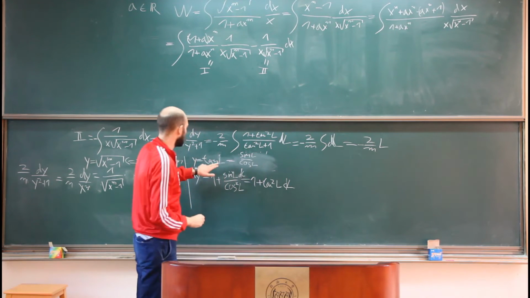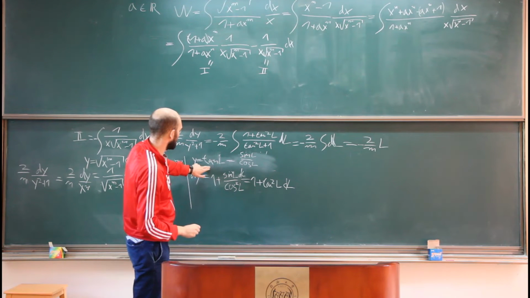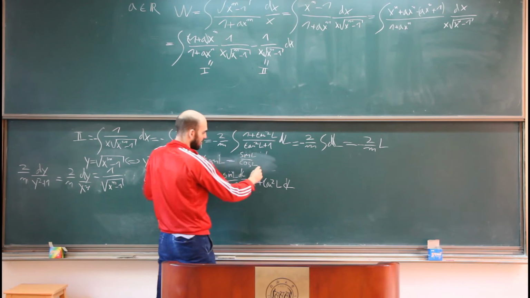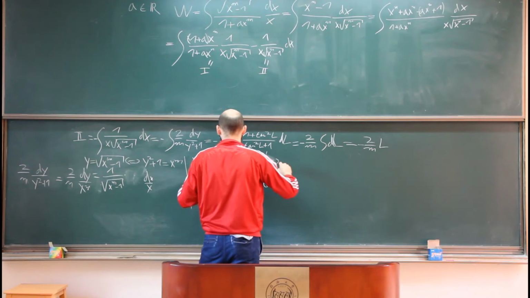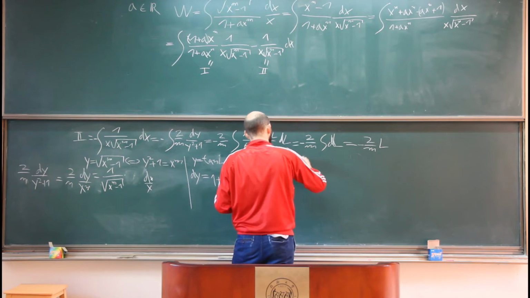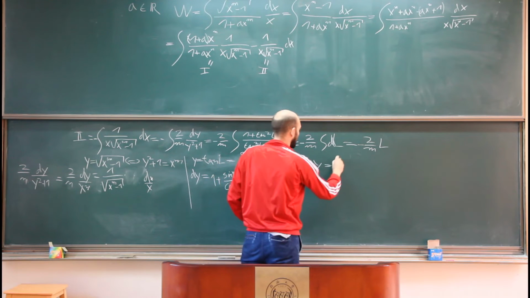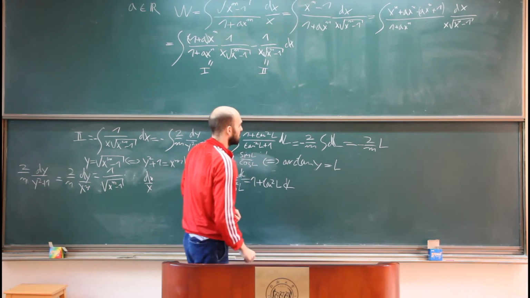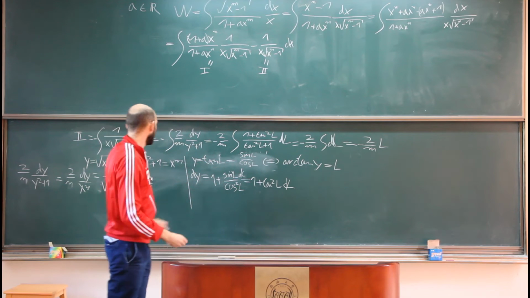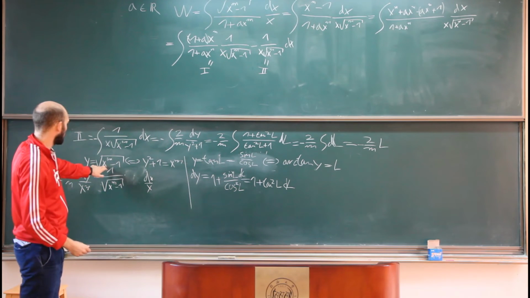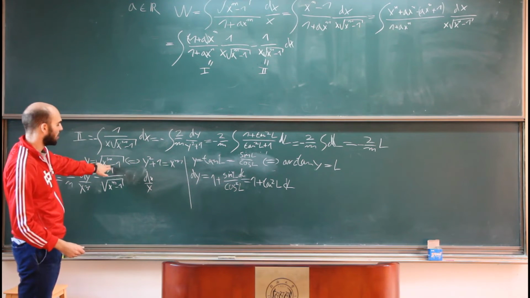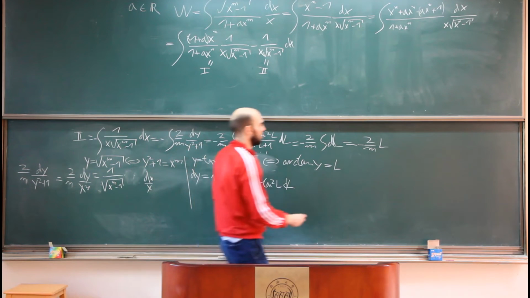What is L? We can get the expression for L from this equation. If I'm just applying the arctangent, I get arctangent of y is equal to L. Okay, so I got this. So what is y? y is the square root of x to the power of n minus 1.